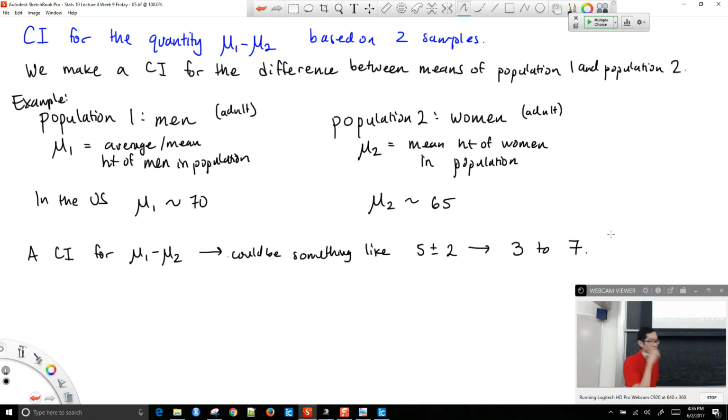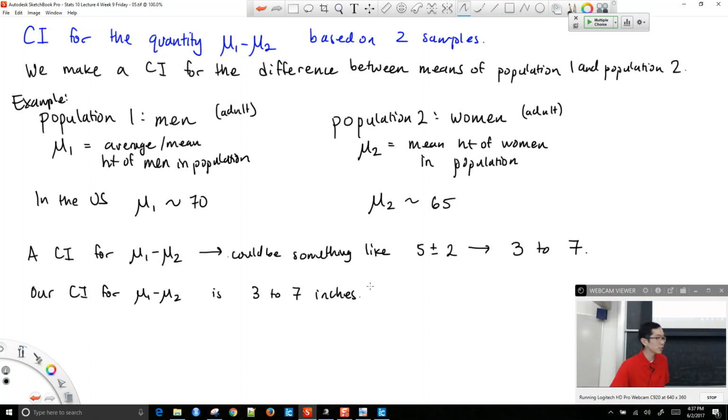Now, that might seem weird, but our confidence interval for mu1 minus mu2 could be 3 to 7 inches. So what exactly does this mean?